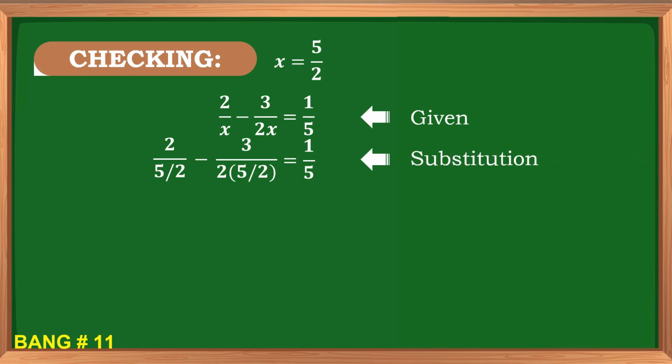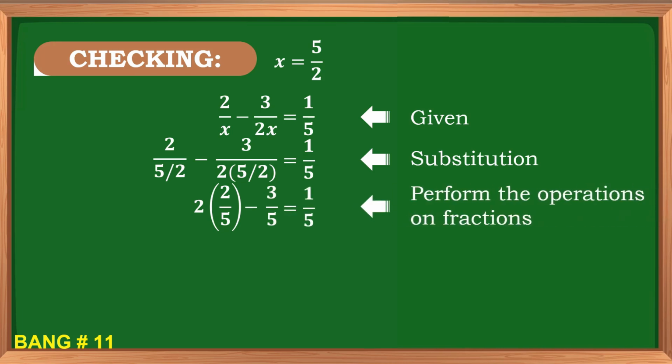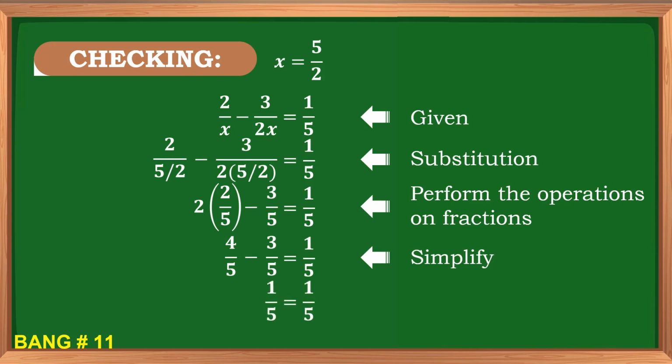Then, 2 times the quantity 2 over 5 minus 3 over 5 is equal to 1 over 5. Simplifying further, that will give you 4 over 5 minus 3 over 5 is equal to 1 over 5. And that will lead you to 1 over 5 is equal to 1 over 5. So that shows your answer is correct.